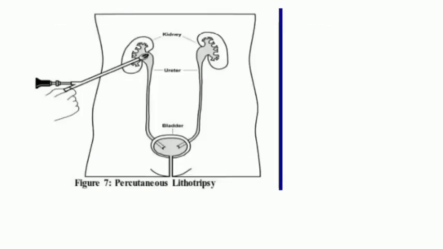So this is the pictorial representation of the percutaneous lithotripsy technique, and it is very clearly understandable that it's an invasive technique, and the information of the location of the stone will be received from an X-ray fluoroscopy technique. So in total we use two techniques for this kind of treatment. One is the lithotripsy technique, which is guided by an X-ray technique.